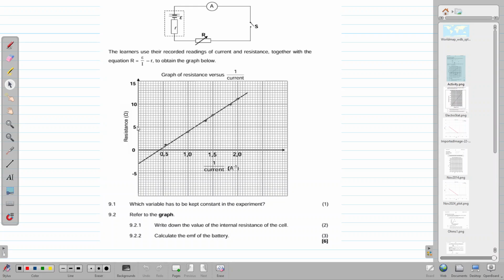Since this is 5, we need to determine what scale has been used for each division line. If we take this as 0.5, then that is 1, 1.5, 2, 2.5, 3, 3.5, 4, 4.5, 5.